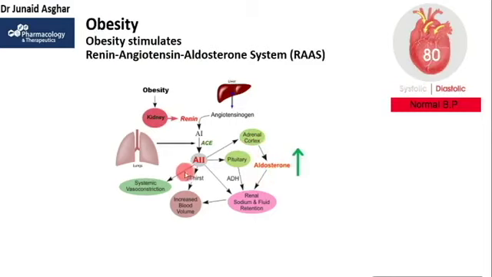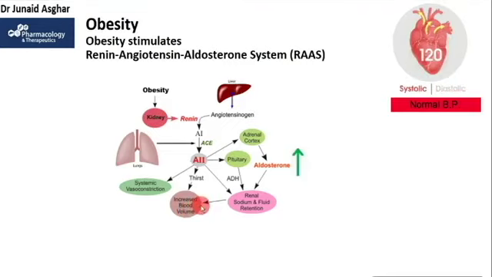Additionally, it also causes systemic vasoconstriction by acting on the smooth muscles of the blood vessels. Angiotensin 2 is also known to trigger the hypothalamus to stimulate thirst, and thus increased water intake follows. The overall effect is increased blood volume and thus hypertension.